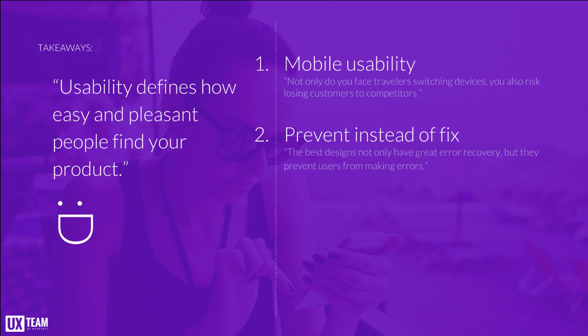Always try to provide clear information and instructions on how to interact with your product, to prevent people from committing these errors and mistakes, and from spending time contacting customer service and losing these bookings.